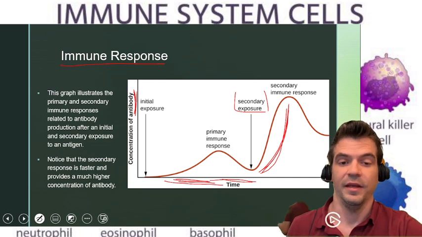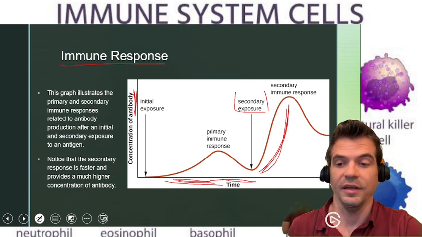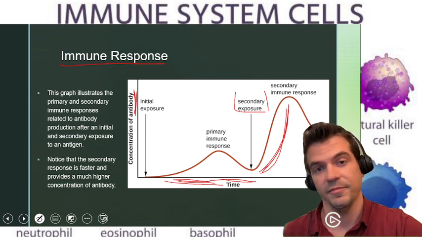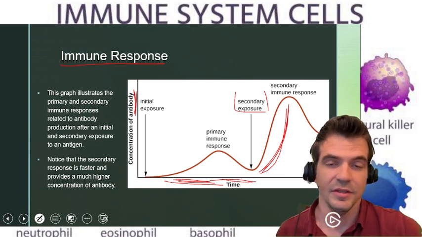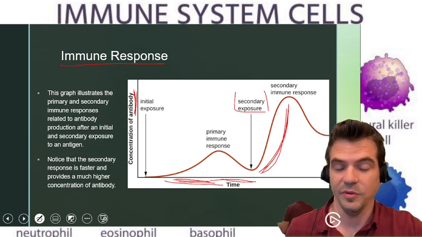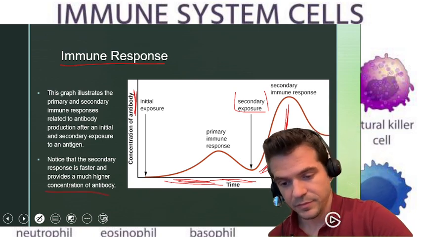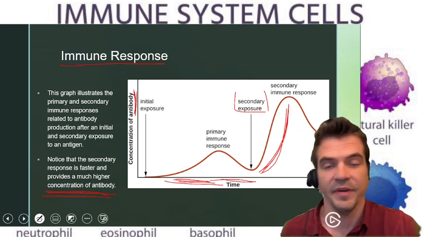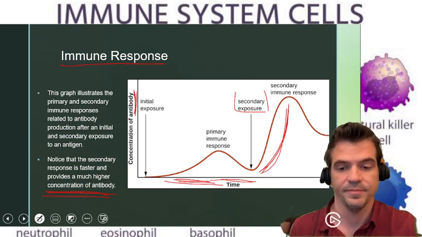So in order to even test for our immunity, we look at the initial antibodies. We need adaptive immunity to tell us how much immunity is going on. Notice the secondary response is faster and provides a much higher concentration of the antibody.